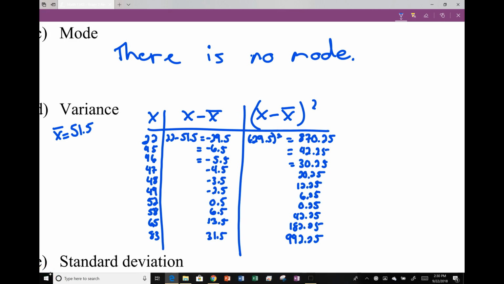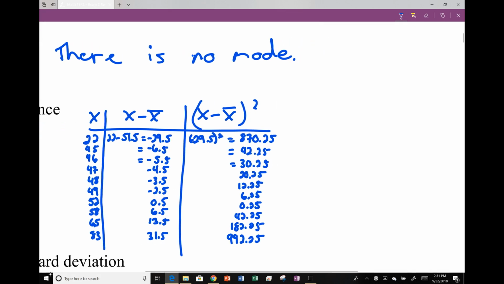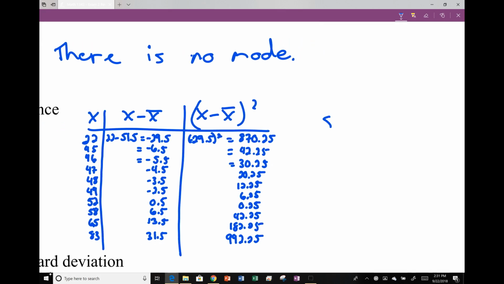Okay, hopefully you were able to fill in the rest of the table. Again, taking 48 minus 51.5 and then squaring that value. And so we have this last column over here. The formula for variance, which is s squared because we're working with a sample, says to add up all of your values minus your means squared and then divide by n minus 1.